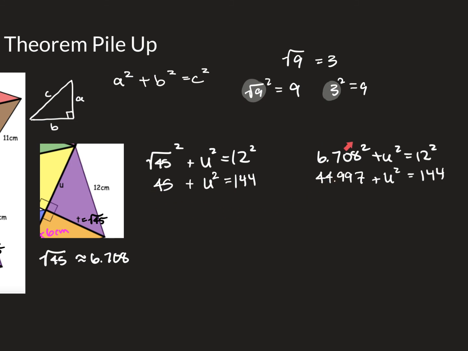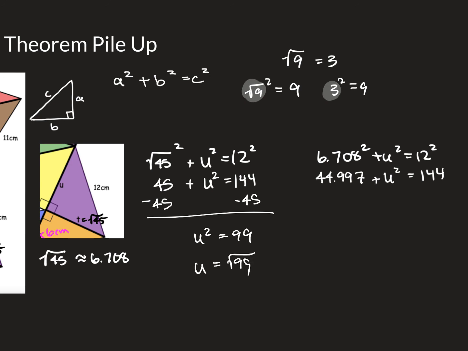But because we had to do some rounding here, because this is approximately equal to 6.708, we end up getting kind of a messier thing. Now I'm going to subtract over here, I'm going to have a decimal, it's going to be all gross. Whereas up here, I can just be like, all right, cool. Minus 45, minus 45. u squared is 99, and thus u is going to be the square root of 99.